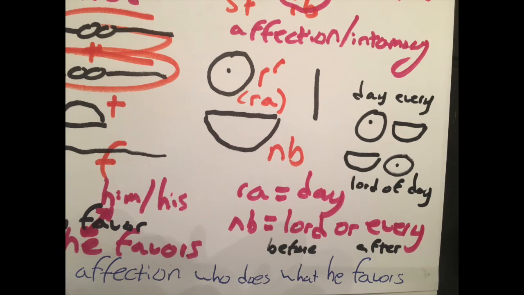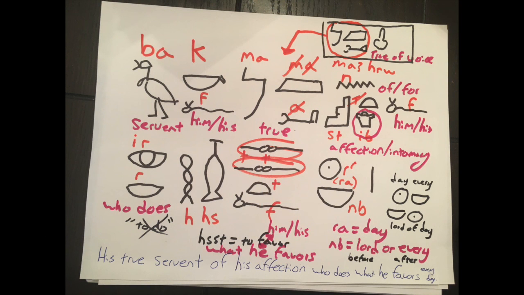Or if it's before the word, so Nub, Ra, now it's Lord day or Lord of day. You see the difference? Same two letters, but very different meaning. It's just one of those words, and it's an important one that switches meaning based on where it is. All right, so now we got our whole sentence. His true servant of his affection, who does what he favors every day.